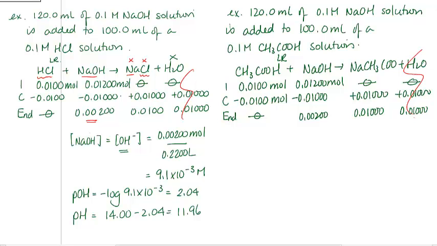Now in this analysis over here, we see that we have two materials that could potentially produce OH- being formed. The first one is our strong base, which is the NaOH.